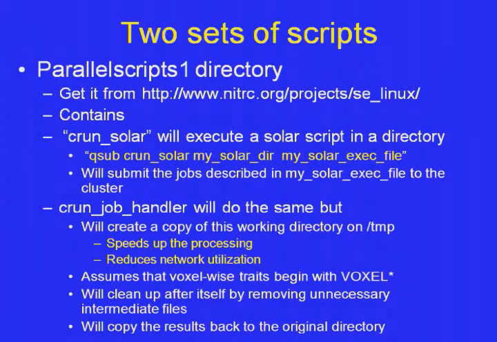There are two sets of scripts available in that directory that will simplify job submission. The parallel script 1 directory contains a very simple crun_solar script, which will execute the solar script in a given directory. The crun_job handler will do the same, but it will create a copy of the working directory on the individual temporary space of each server, which will speed up the processing as well as reduce network utilization.